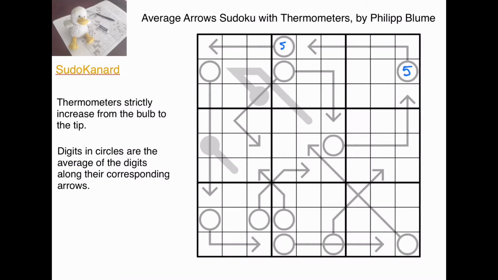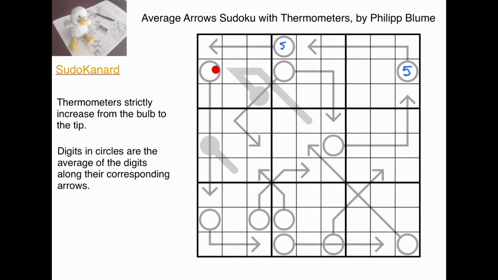Now there must be a 5 somewhere here, and it won't be there. 5, 6, 7, 8, 9. Oh, it could happen actually. 5, 6, 7, 8, 9. Well, we'll see in due course, I guess.